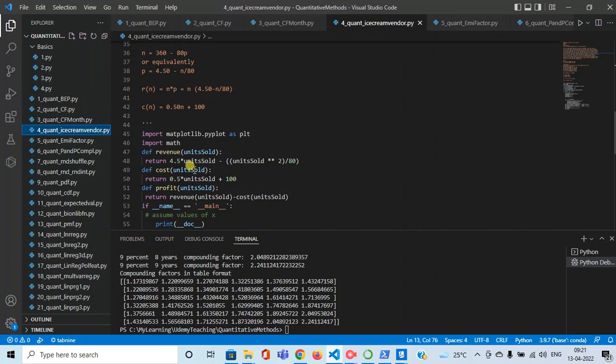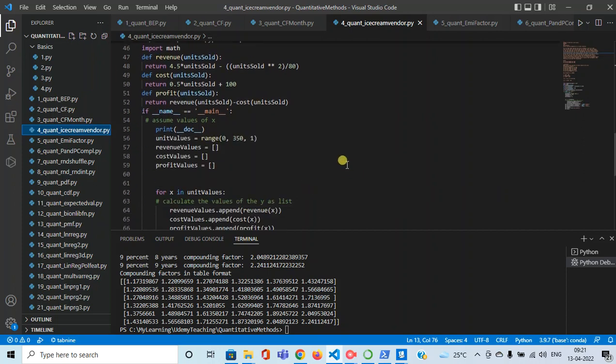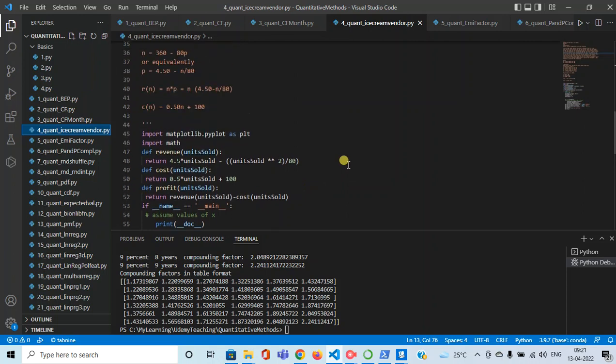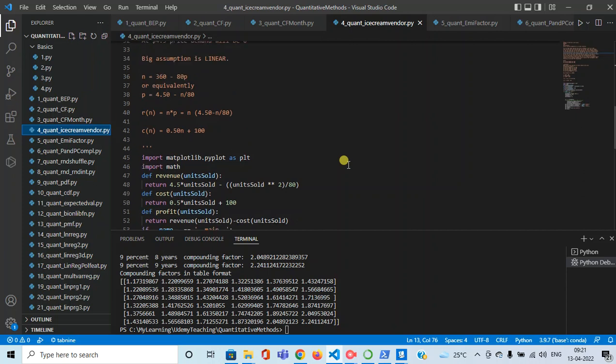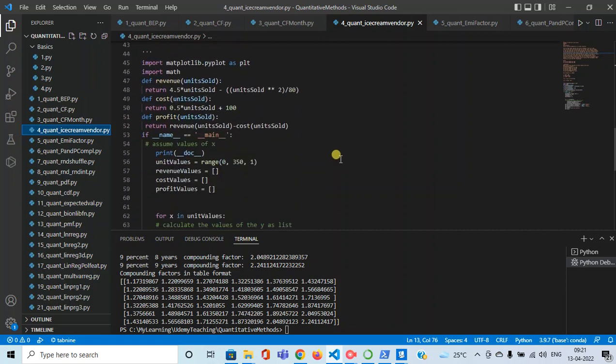And how do we calculate profit? Profit is revenue minus cost. We are plotting for unit values 0 till 350. Ideally we should have gone further, but I'm just putting till 350.